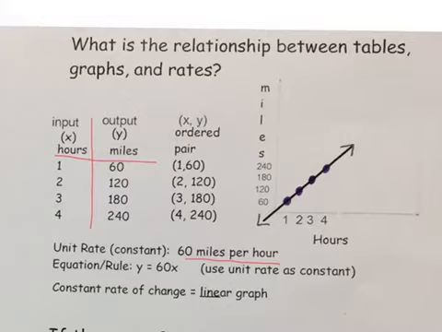You use the unit rate as your constant rate of change. You might also see that your x is an h, and your y might be called m for miles. It's the same thing, except now they would say m is equal to 60h.